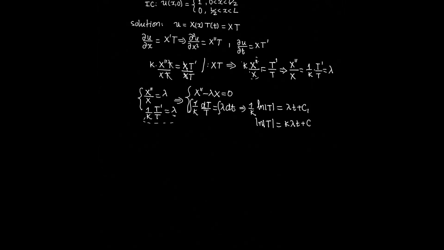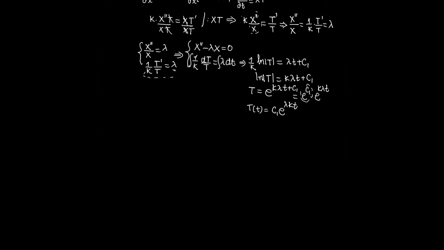I'm going to just say c1. Then I have T equal to e to the k lambda t plus c1, which is e to the c1 times e to the k lambda t. All of these form another big constant, so I'm going to say T equals c1 e to the lambda k t. Like that. Okay, that is your time function.